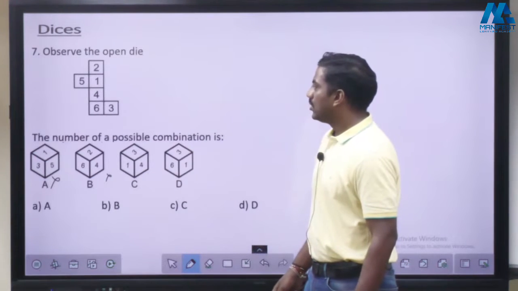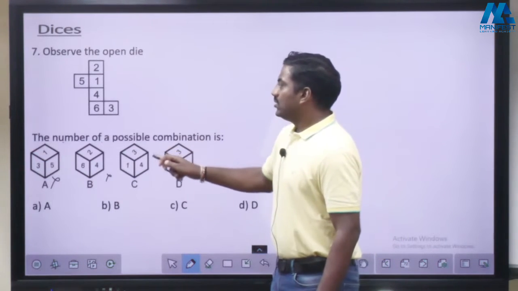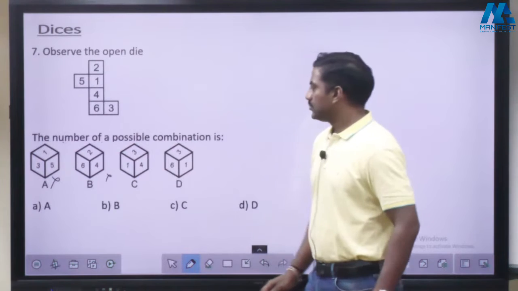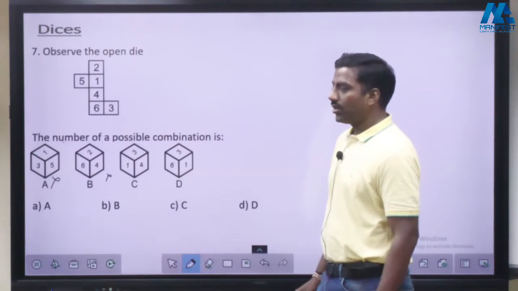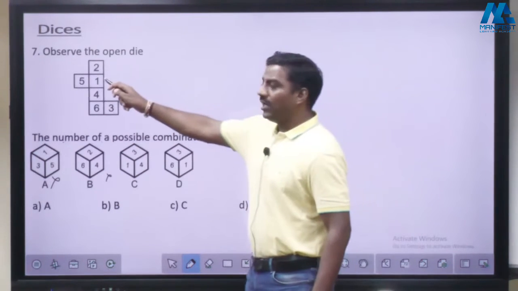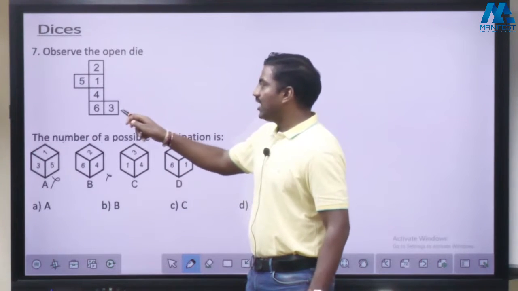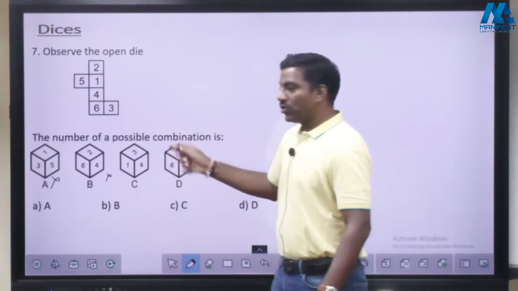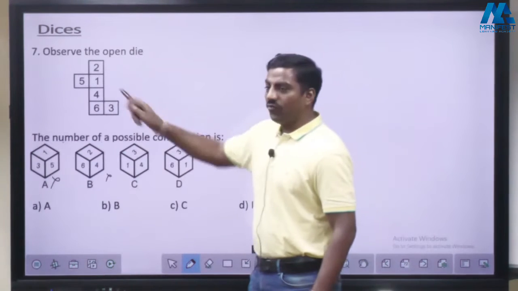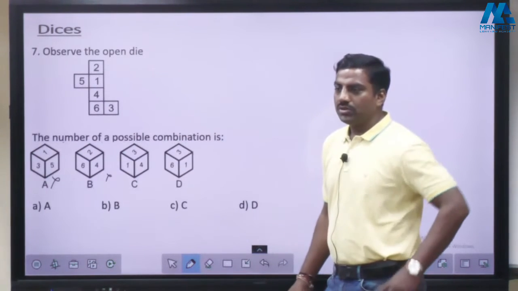Then 1, 3, 4. What is opposite of 1? 6. That is not seen. What is opposite of 3? 5. That is not seen. What is opposite of 4? 2.